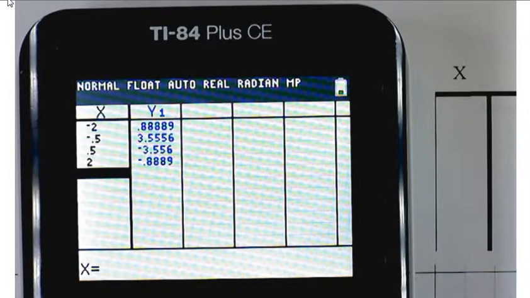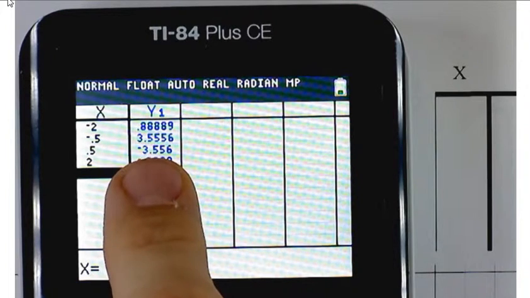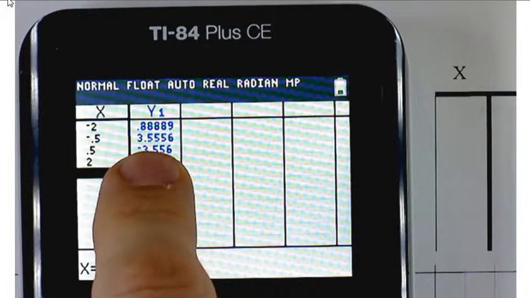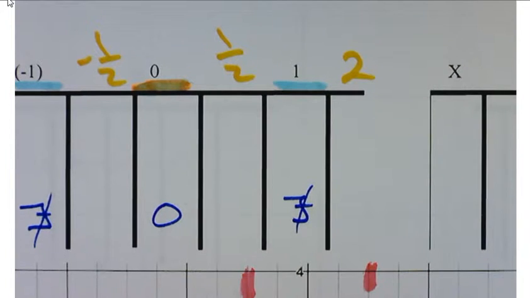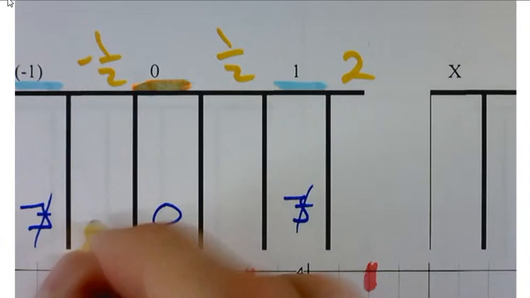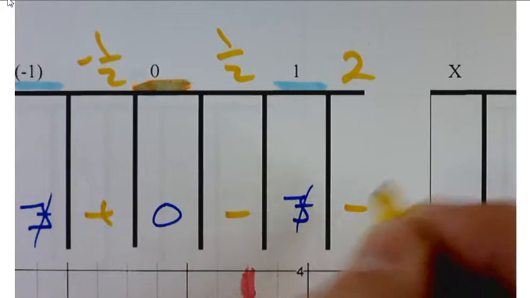What information am I looking to get out of this? Good. Yeah, negative and positive. All right, so positive, negative. No, wait. It looks like positive, positive, positive, positive, negative, negative. Okay. So plus, plus, minus, minus.